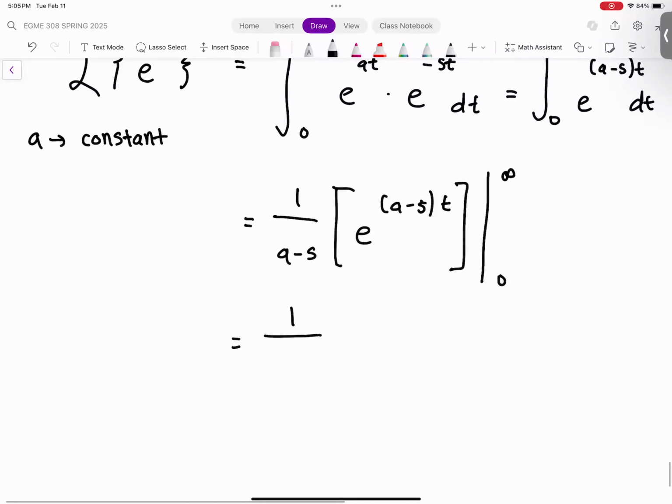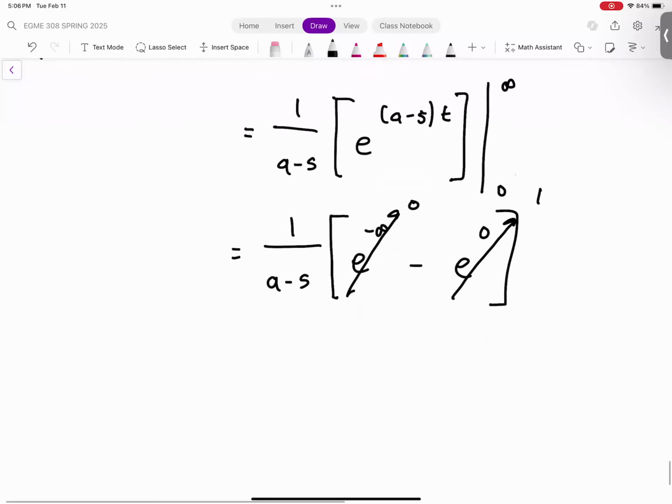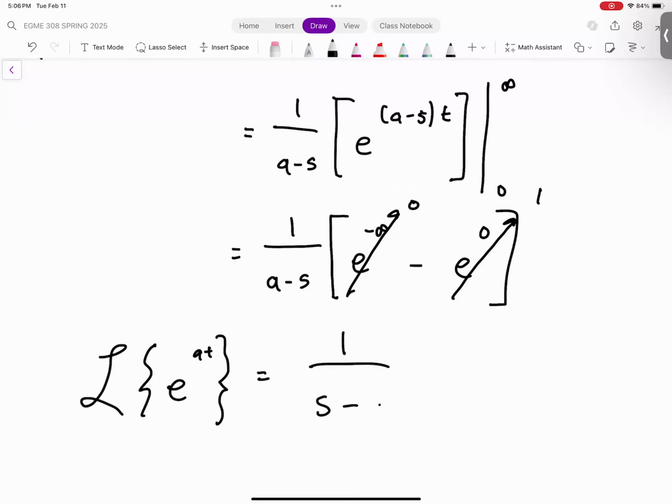So once again, we have 1 over (a minus s) multiplied by e to the minus infinity, minus e to the 0. Once again, e to the minus infinity is going to be equal to 0, and e to the 0 here is equal to 1. And so the Laplace transform of e to the at is equal to 1 over s minus a.